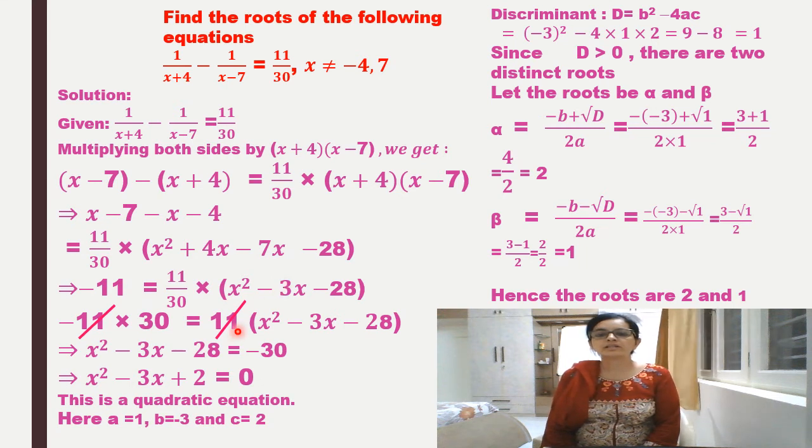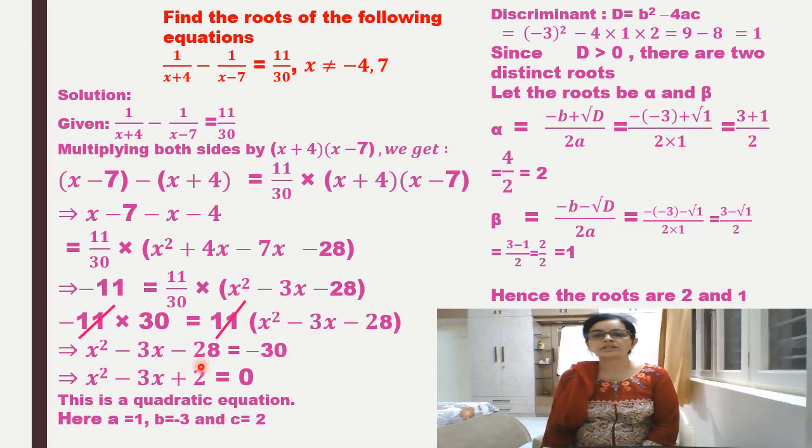We get minus 30 because here the minus symbol is there. So minus 30 is over here. We have shifted it to RHS and brought the entire quadratic polynomial to LHS. And finally, we will shift minus 30 to LHS. It means we'll transpose minus 30 to LHS. Then we'll get the constant term plus 2.